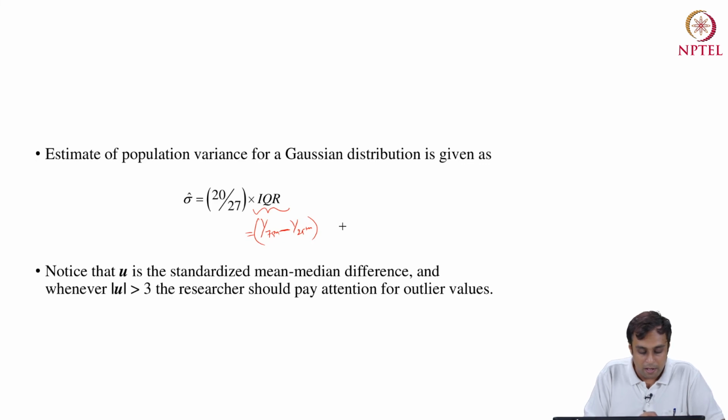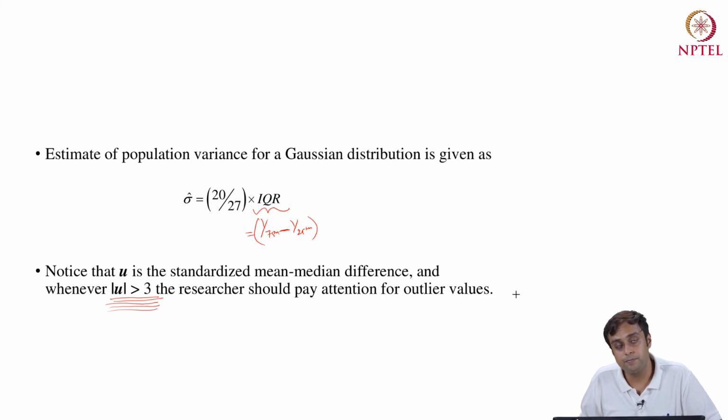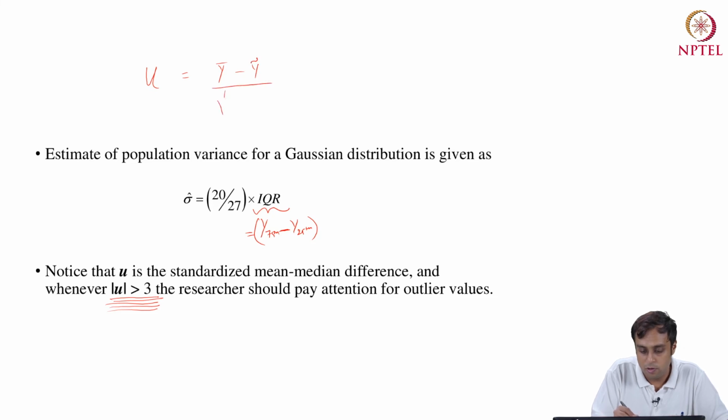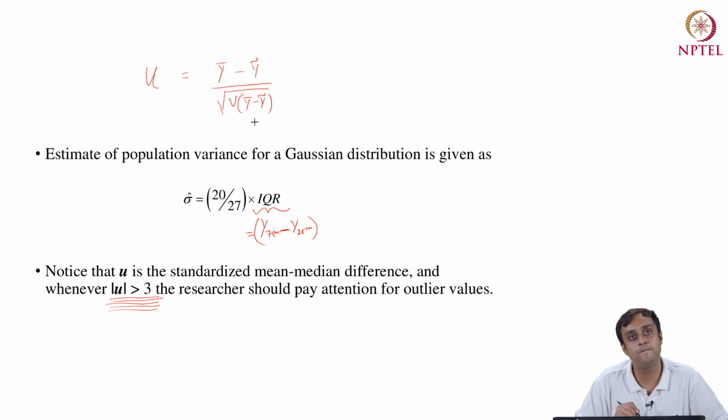sigma hat. Now notice that u is the standardized mean median difference, and whenever u is going to be greater than 3, a researcher should pay attention for outlier values. So what I've done is that I've defined U to be y bar minus y tilde over square root of variance of y bar minus y tilde.